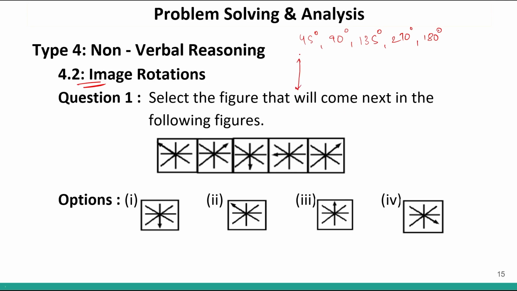If you remember the directions, this is north, this is south, west and east. This arrow is in the northwest. Then it is in the northeast. Correct? Northwest and northeast. Then it is in the south. So this is moving how? This is moving in the clockwise direction.